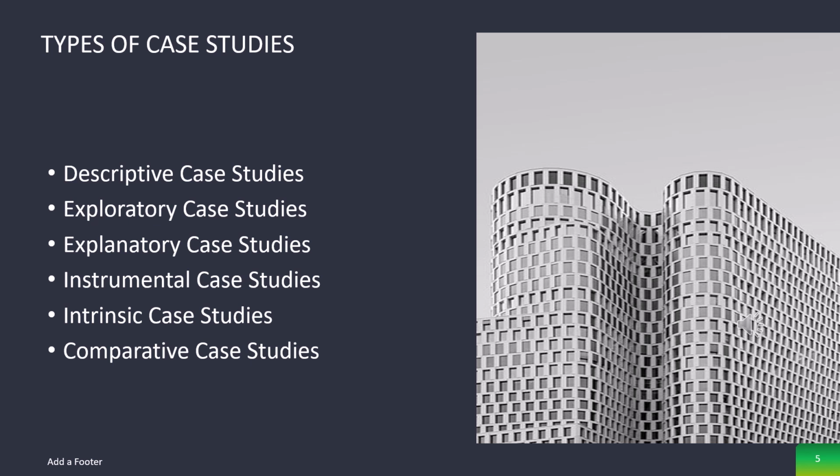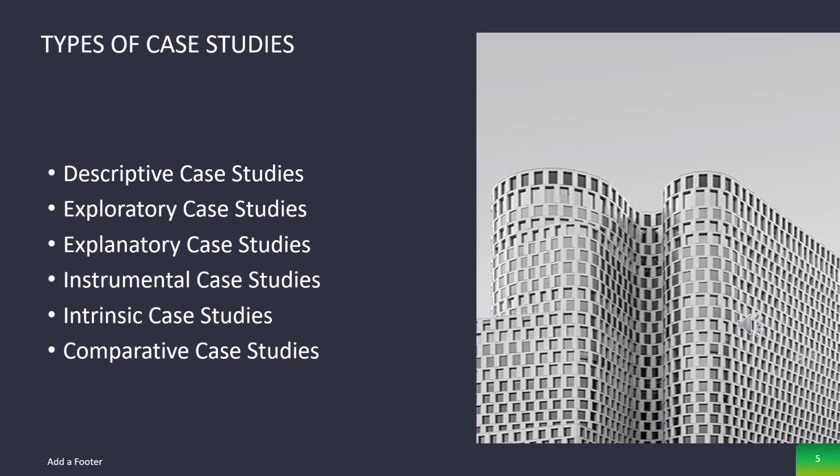Next is the exploratory case study. These are conducted when researchers want to explore a new topic or area of inquiry. Exploratory case studies are often used in preliminary research to generate hypotheses or identify research questions for further investigation.